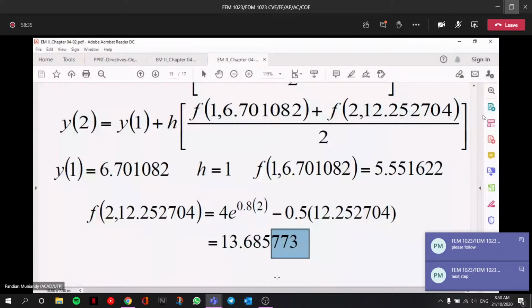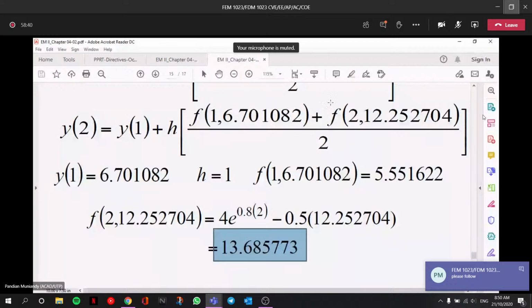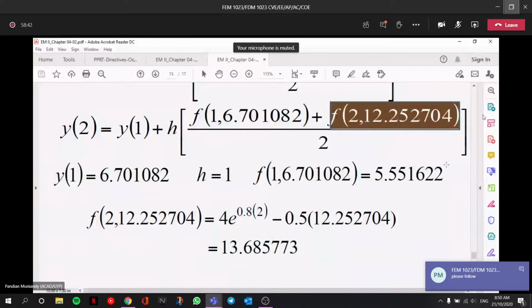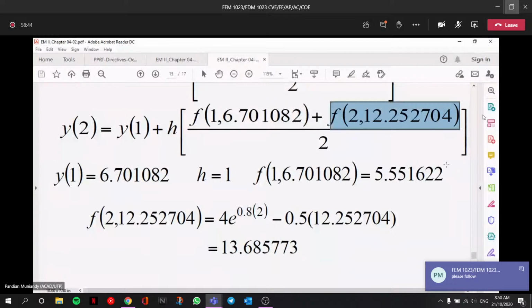So you have to take this whole thing, put it inside here. Now I'm using this value. So you say just now 13.685778. Okay. So you change the 3 to 8.